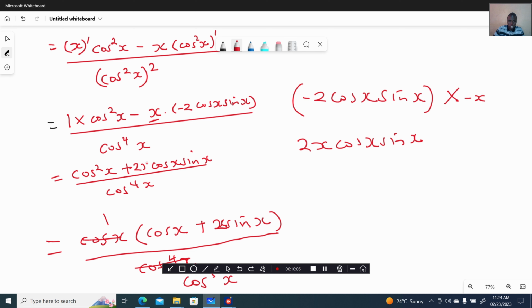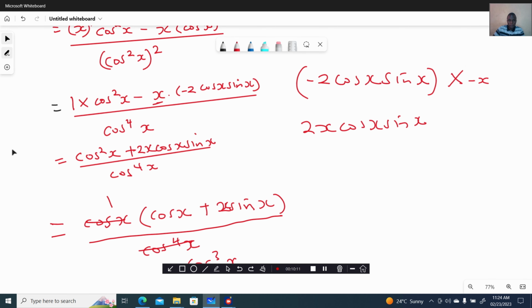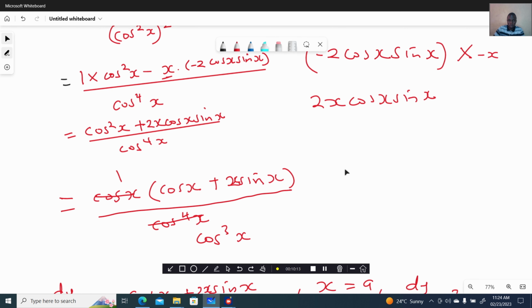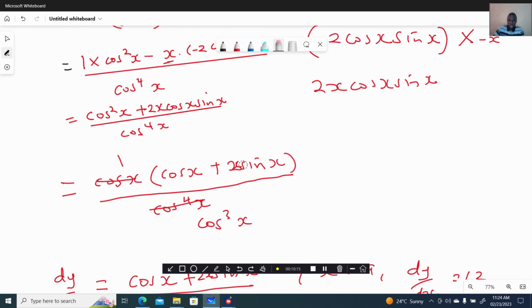So we can have 2x there, and then this one here, it's already there, but I don't want to assume. Let me just ensure that it's there. So it's 2x here.